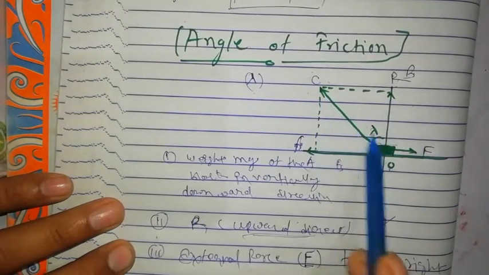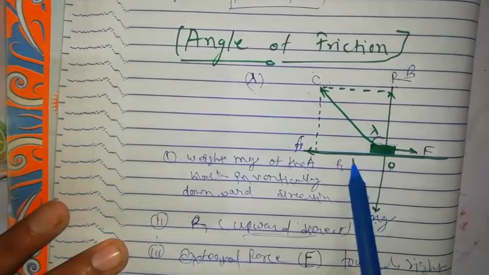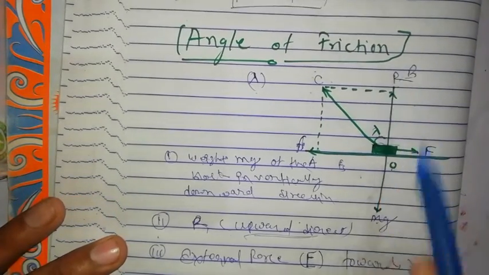The diagonal OC gives the resultant of Fs and R.